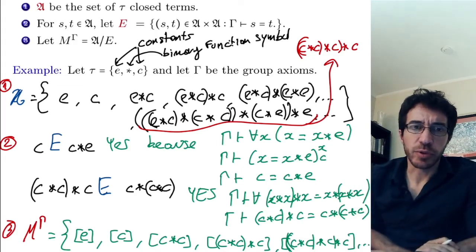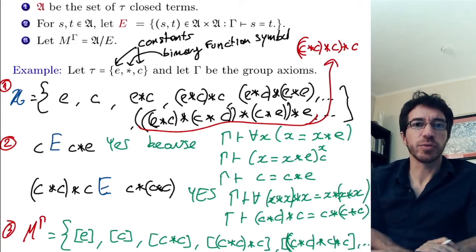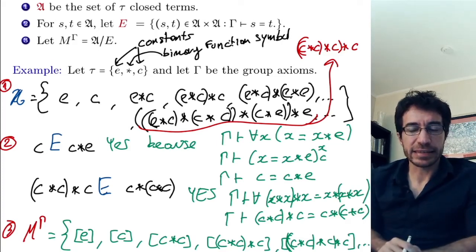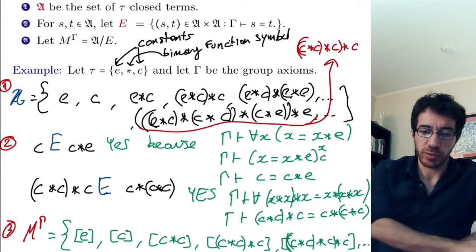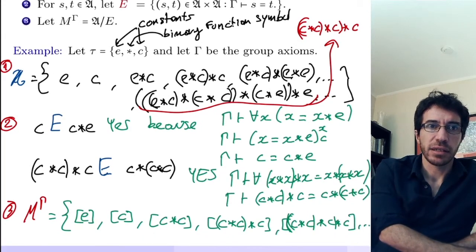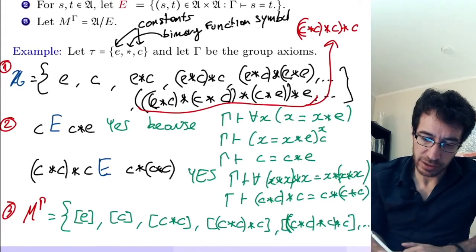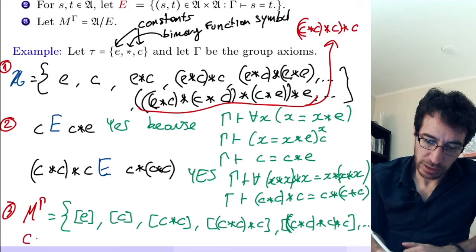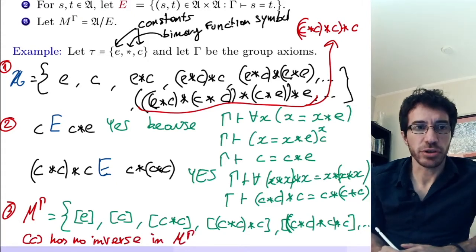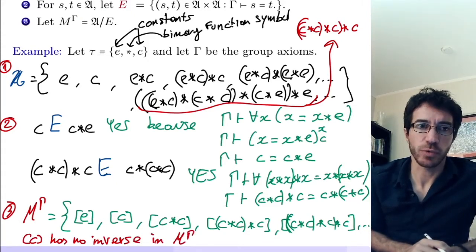Do we get a group? We started with the group axioms. Do we get a group? And no, we don't get a group, right? There is nothing that is the inverse of C, let's say. So C has no inverse in this structure, in this set, in this quotient.